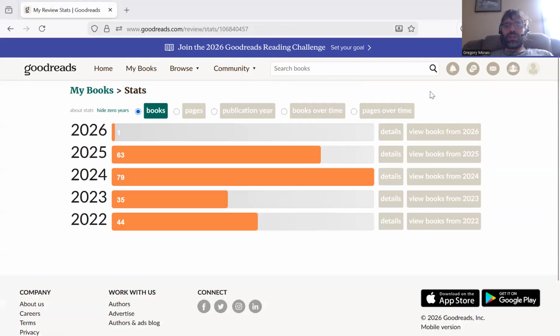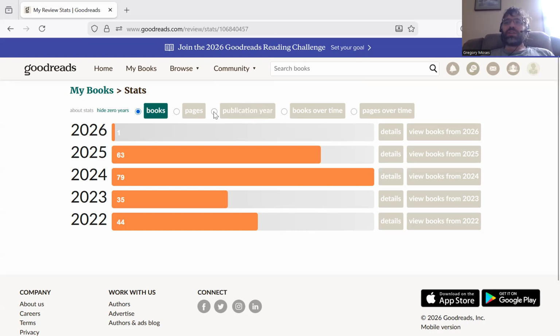Let's take a look at my 2025 reading stats, okay? And let's look at publication year. Of the books I've read, this might be for all years, not just 2025, but of the books I've read, when were they published? Do I read modern novels? Do I read classic novels, or what?